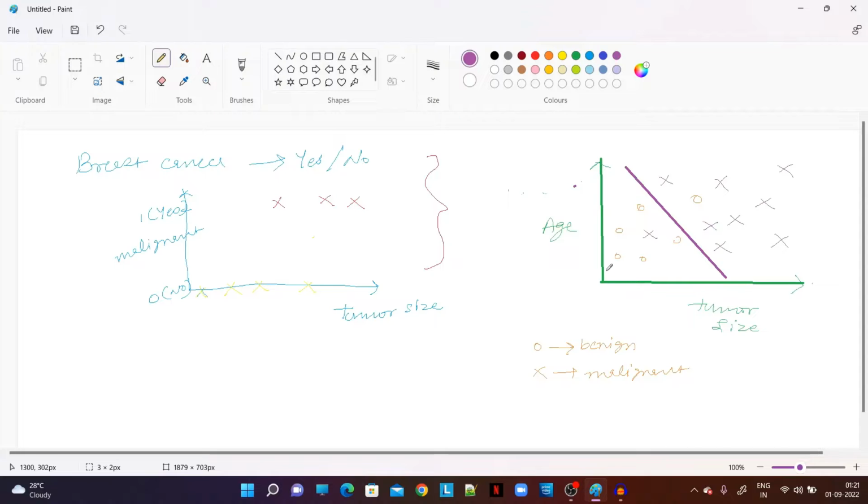Okay, so this is called the binary classification problem, and the previous one we talked about was called linear regression. This is called logistic regression. This type of fitting of a line is called logistic regression. So this was all for supervised learning.